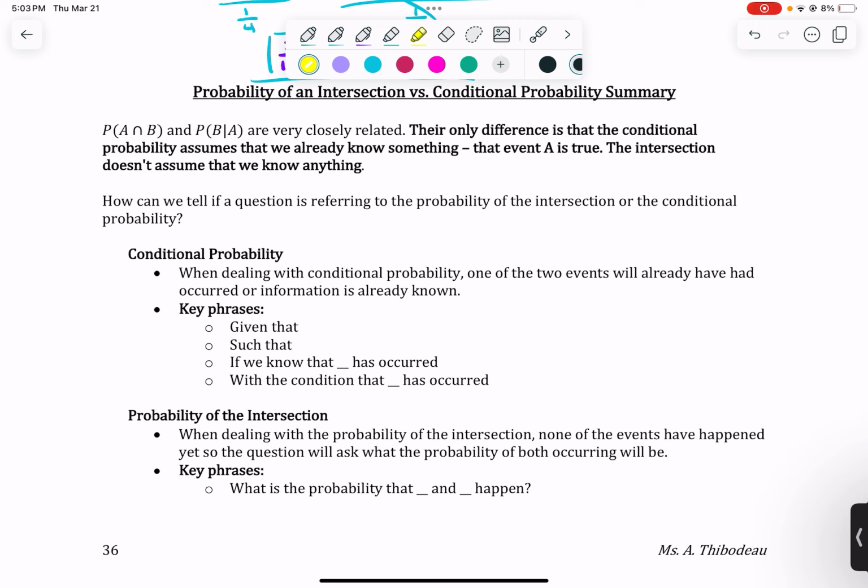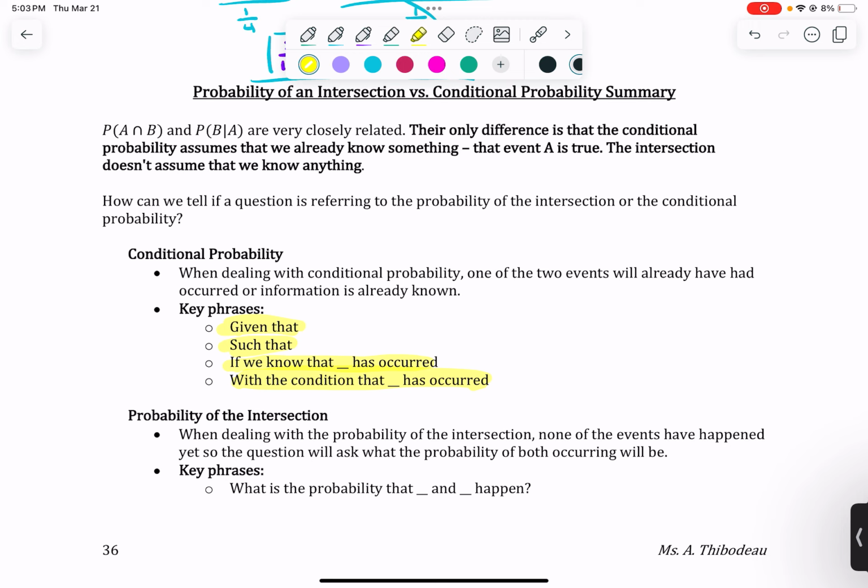Okay. Keywords for conditional probability. We've been using "given that" quite a bit, but "such that" is in there. "If we know blank has already occurred," "with the condition that blank has already occurred," and anything that's a synonym for this. So "having known that this has already taken place," "knowing that this has already happened," "with the information that blank already took place."